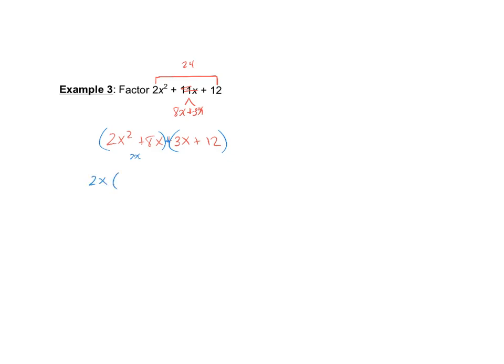So 2x comes outside, and what's left inside is x plus 4. What can we take out of the next group? I can divide both of those by 3. That would leave me with x plus 4. So I see that I have my twins the same there. And so I have 2x plus 3 in the first group and x plus 4 in the second.